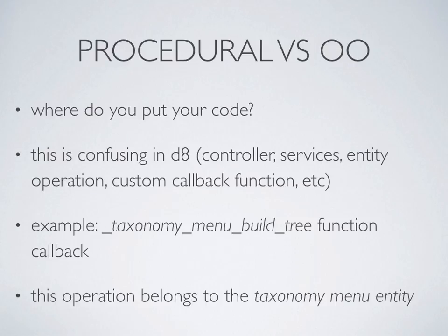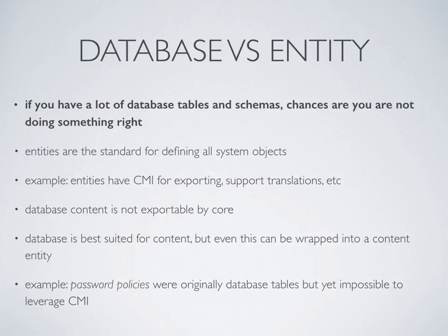It should have been an operation that was tied to that class, right? So if you don't organize the code the right way, you actually create something that's more confusing. So build tree should have been in that entity because that's where it belongs. That's an operation for that entity. So it's a different way of thinking about things, right? That's a sucky example on my part that I learned.